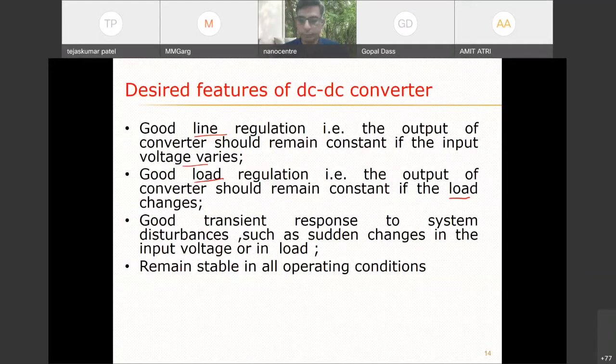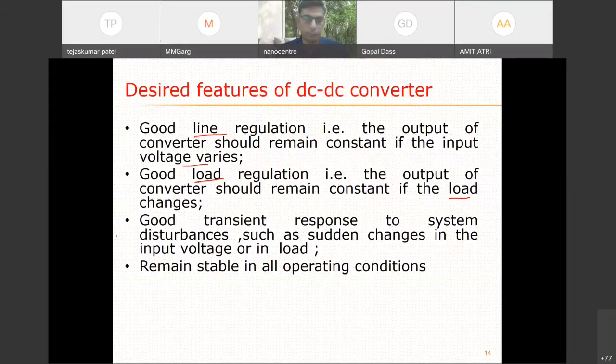These are called disturbances, basically input disturbance or load disturbance. In our lives also there are many disturbances, being human beings. One person is called patient if he quickly resumes his position.